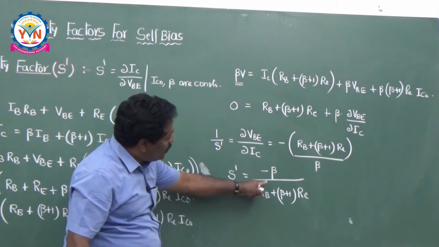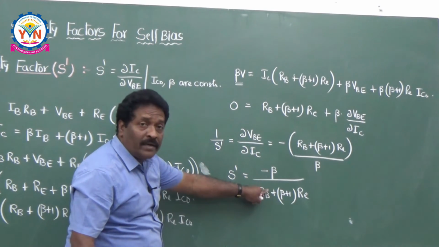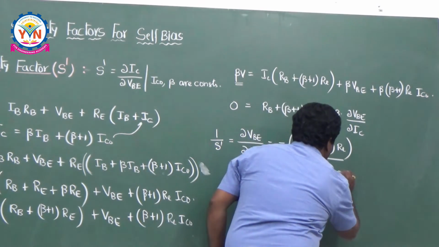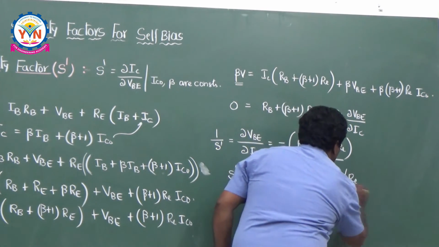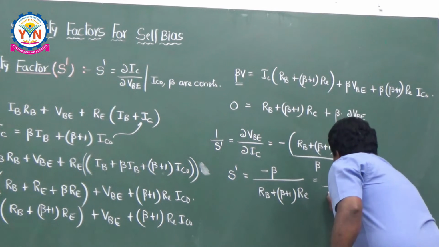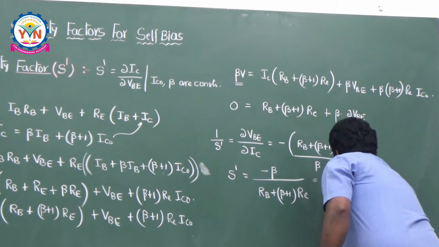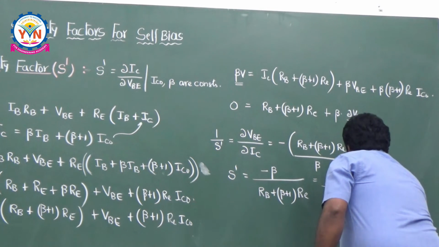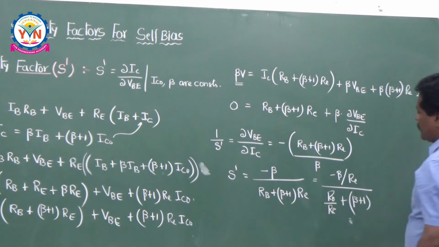Now I would like to divide numerator and denominator by RE. So that is equal to minus beta by RE divided by RB by RE plus beta plus 1.